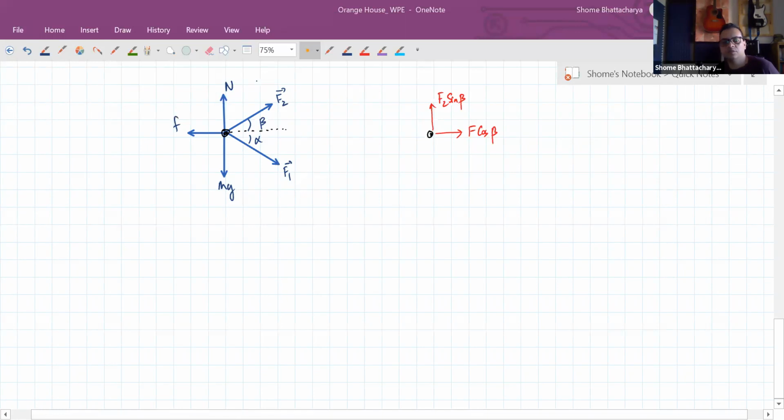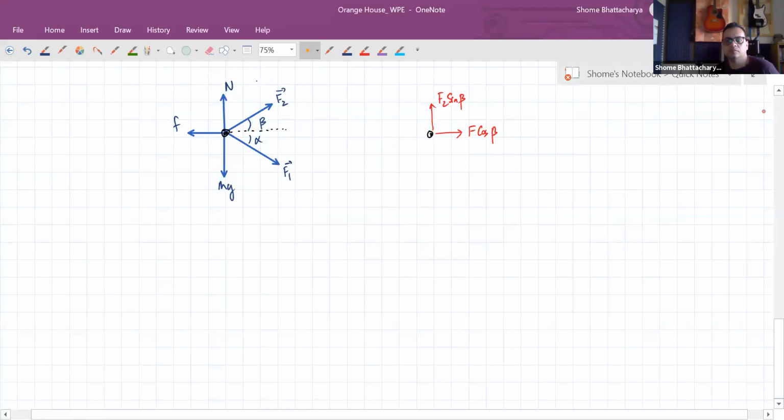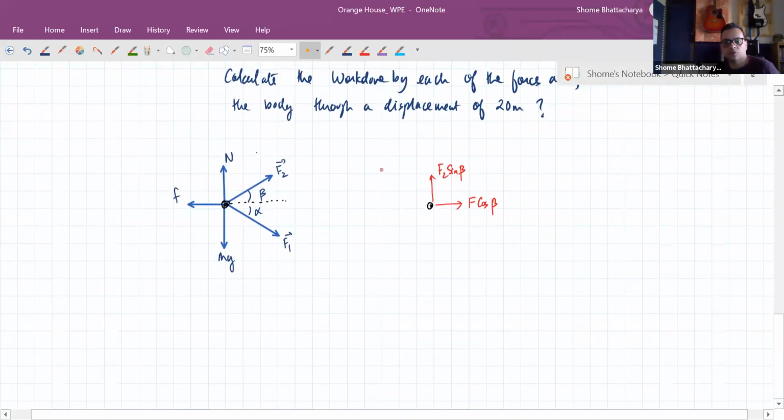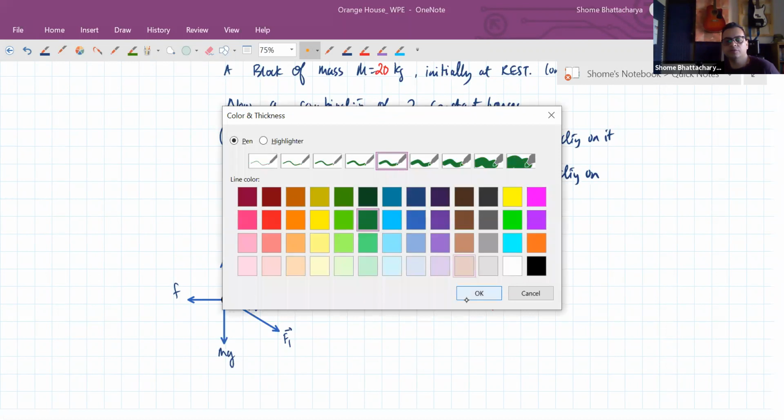So what will be the values of these two? F2 was 250 and beta was 53. So this component will become how much? 250 into sine 53. So that will be 200 newtons. And this component will be 150 newtons. 250 into cos 53. Cos 53 is 3 by 5.